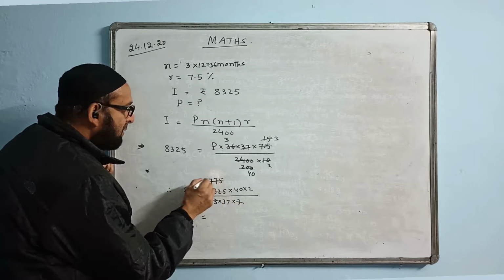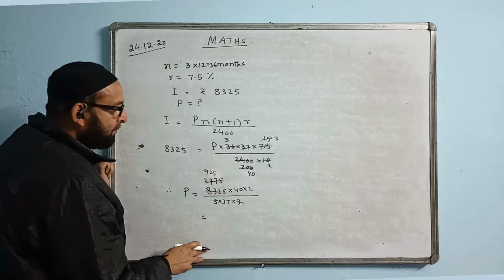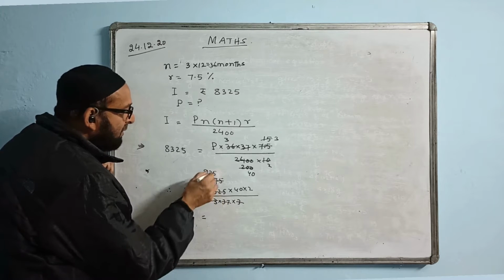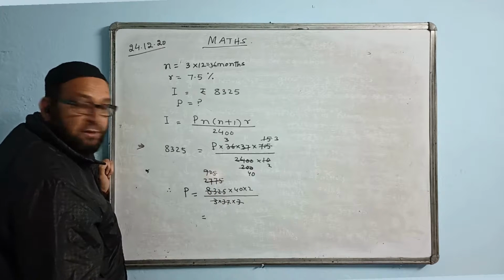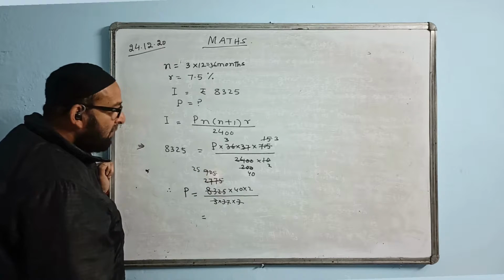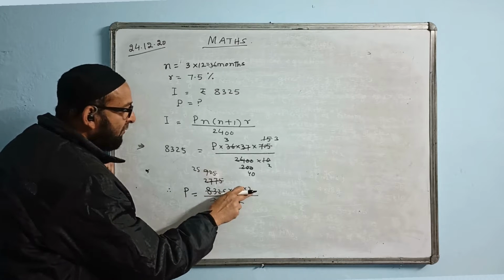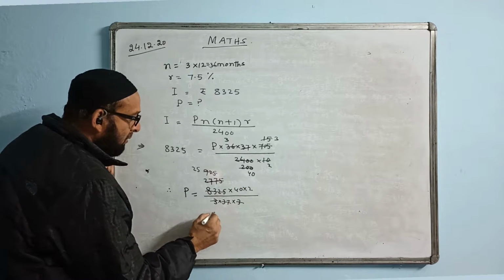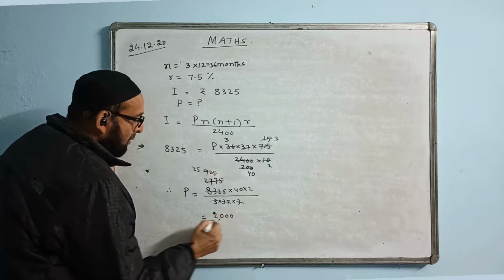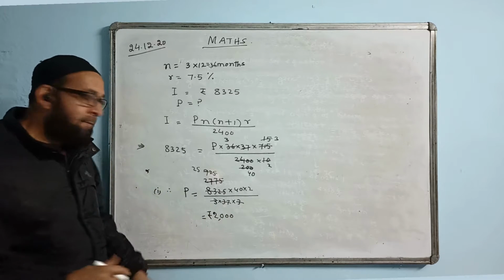Again with 3 I'll cancel this. 3 9s are 27, 25 times. 37 must be dividing. Divide it by 25 times. We will multiply everything, 25 into 40 into 2. 25 2s are 50. 50 into 40 is coming to 2000. The first answer comes 2000.